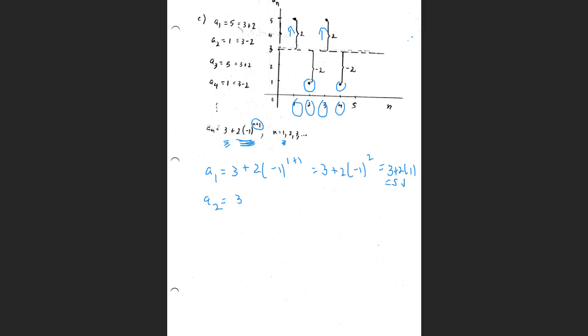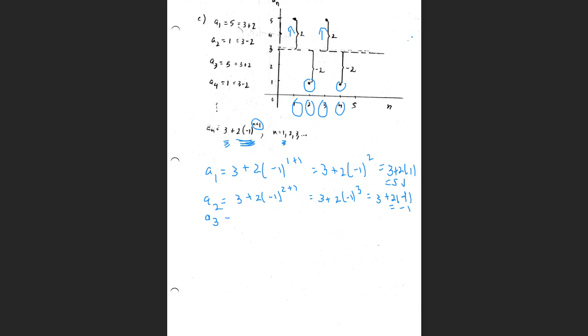The second term is 3 plus 2 times -1 to the 2 plus first power. That's 3 plus 2 times -1 to the third power. That's just 3 plus 2 times -1, and that gets me 1.